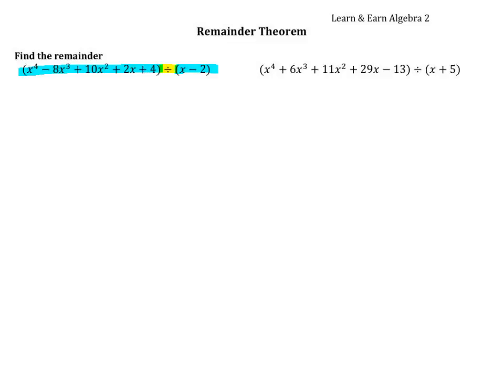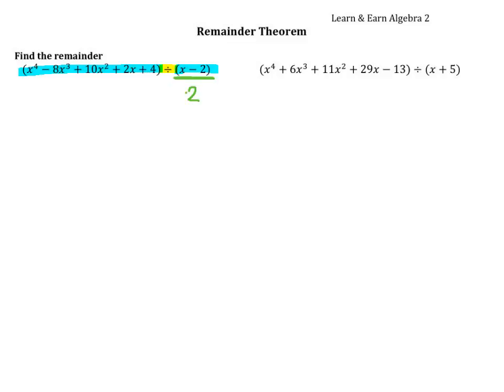So the first thing that we're going to do is look at this polynomial right here, x minus 2. Notice that it says minus 2, so that means negative 2. Well, because it says a negative, we're going to turn that into a positive 2.